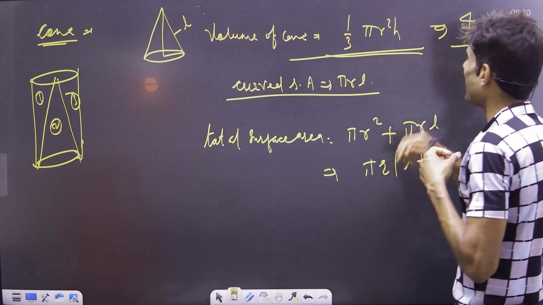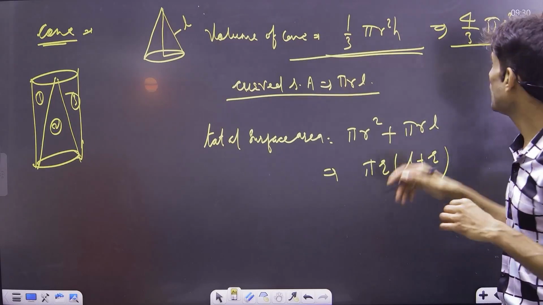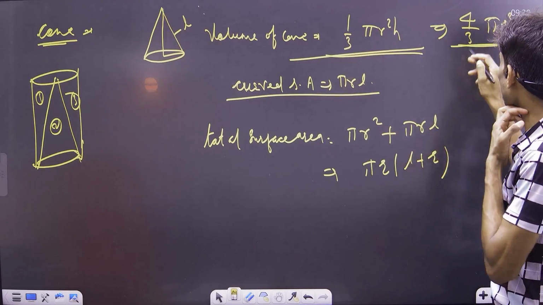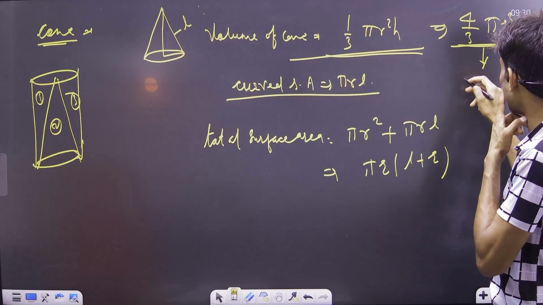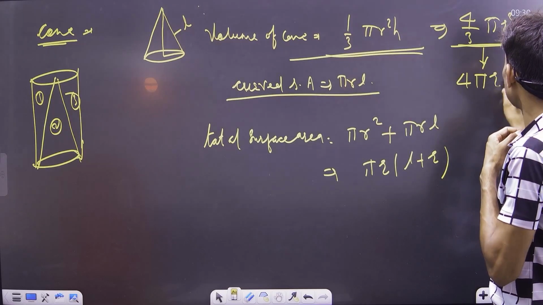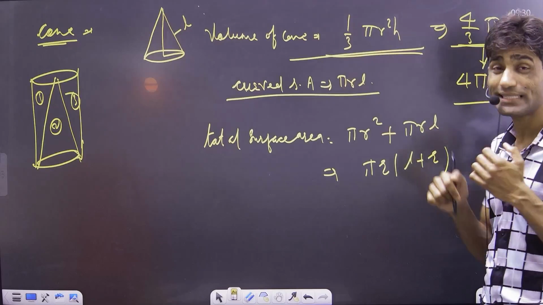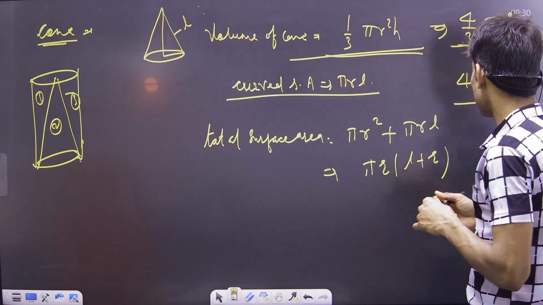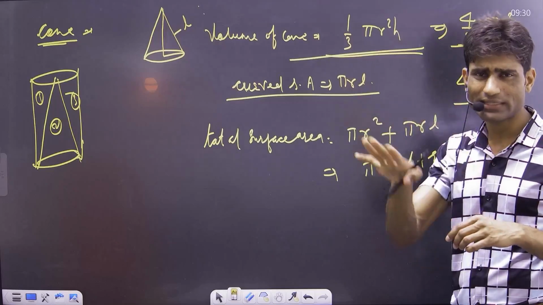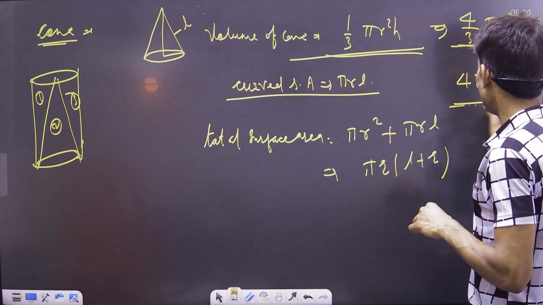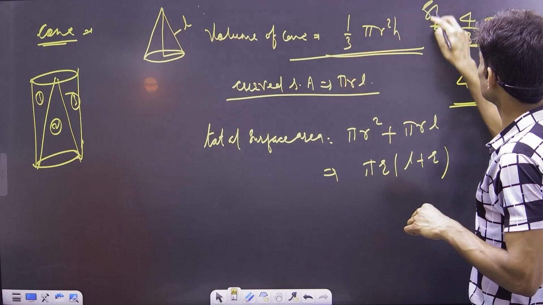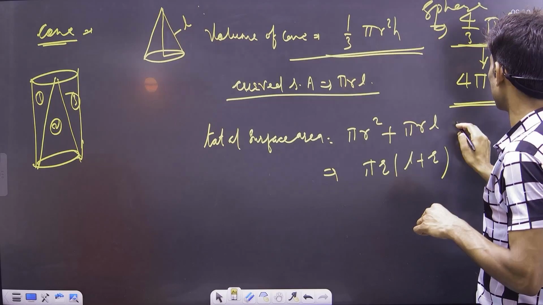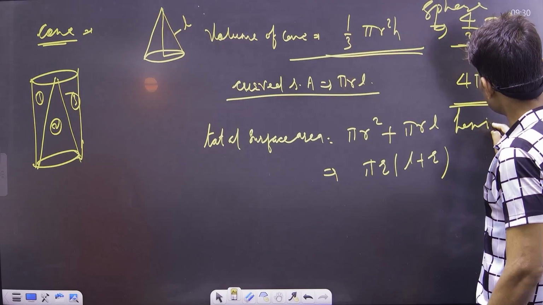The total surface area of a sphere is 4 pi r square, and the curved surface area and total surface area are both equal. This is for the sphere. After that, we write the hemisphere.